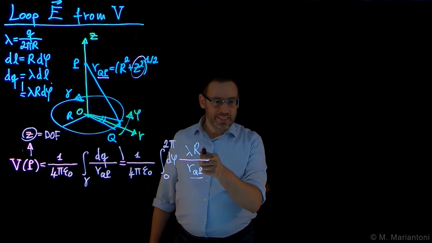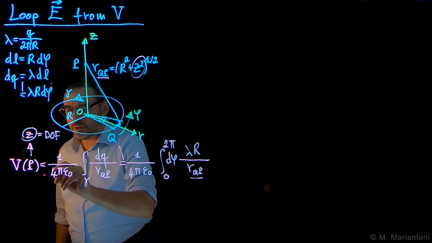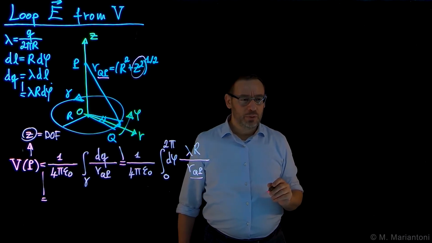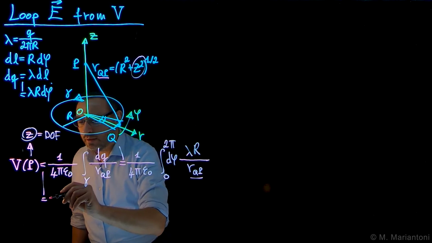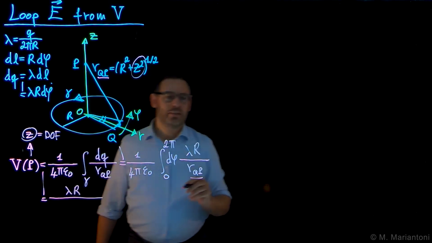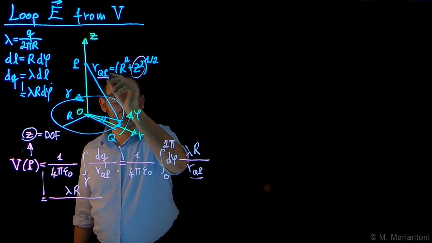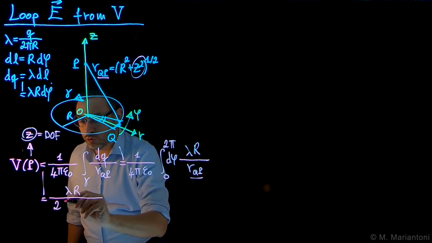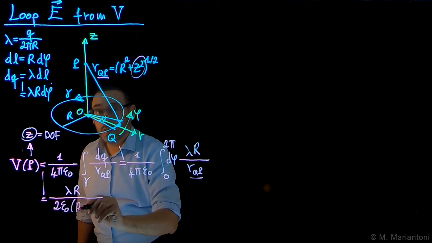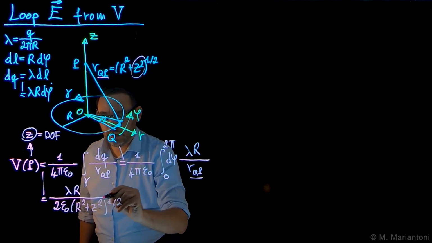So in this case, this integration is rather simple. This just gives me a factor of 2 pi. These are all constants of integration. So the result down here is going to be, after a simple calculation, lambda times capital R divided by 2 epsilon naught square root of R squared plus z squared, which is R_QP. So the 2 in the denominator cancels with the 2 here, square root of capital R squared plus z squared under square root, not to forget.